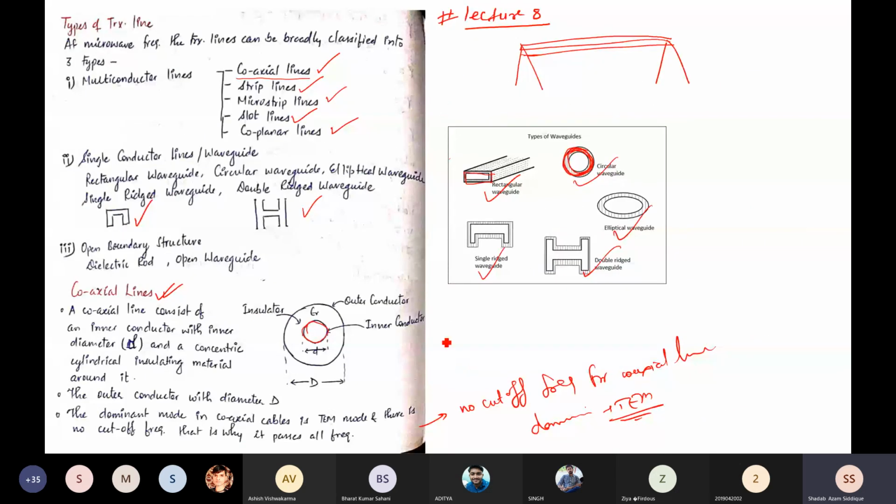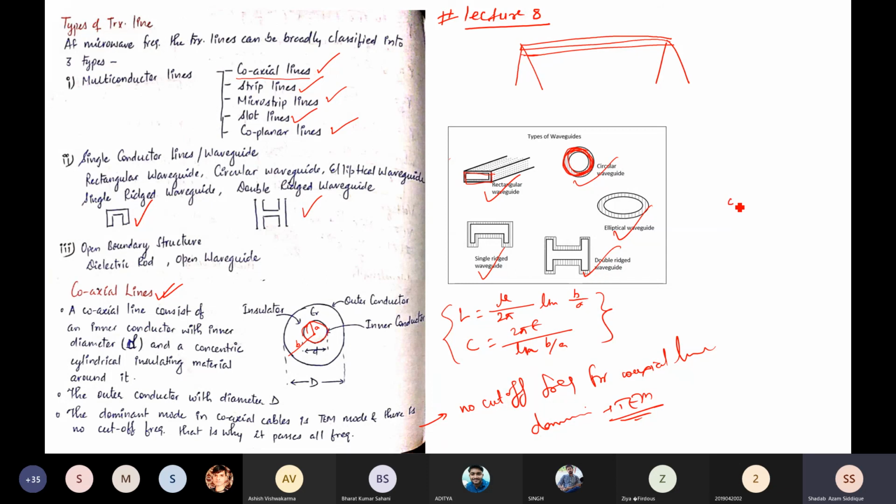If you want to find the inductance as well as the capacitance for the coaxial lines, the inductance of the coaxial line comes out to be mu upon 2 pi ln b by a, where b is the radius of the outer conductor and a is the radius of the inner one. The capacitance is 2 pi epsilon divided by ln b by a, where epsilon is the permittivity of the material between the concentric cylinders. So L is the inductance and this is the capacitance.